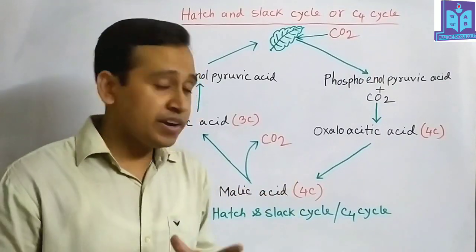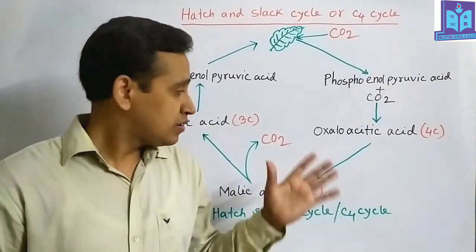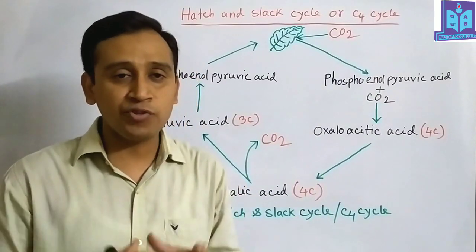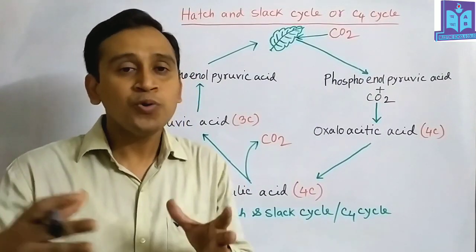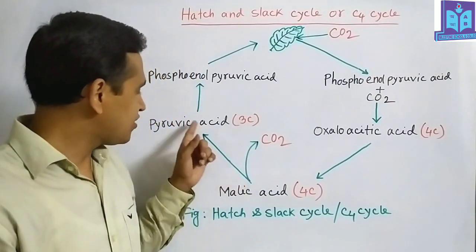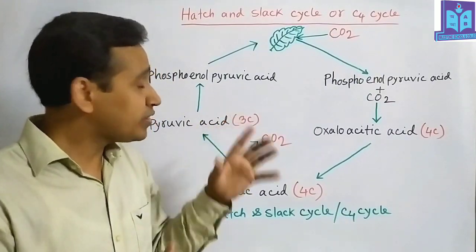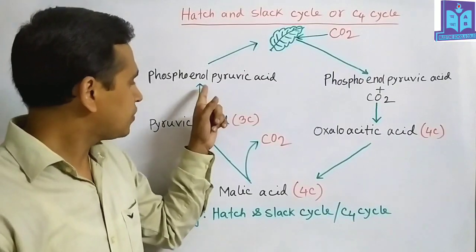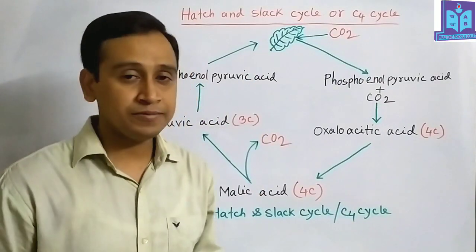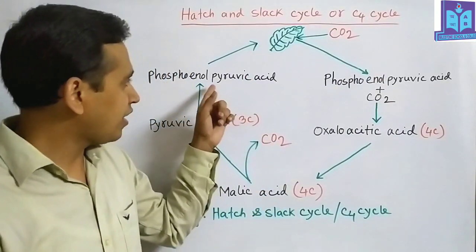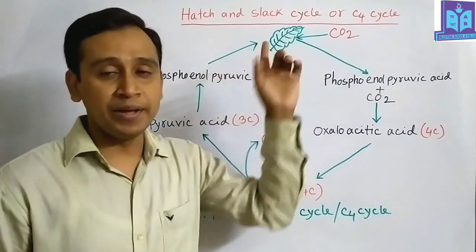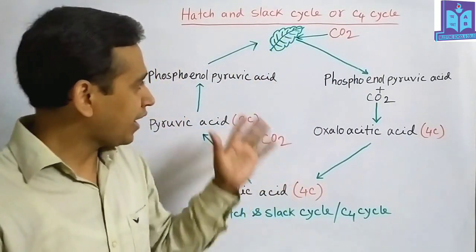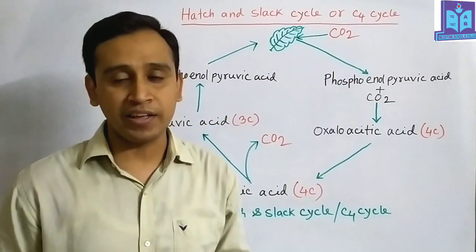You know, in C4 plants, the C3 cycle and C4 cycle are carried out together, and this pyruvic acid, with the help of an enzyme, is converted into phosphoenolpyruvic acid and restored into leaves and again performs the C4 cycle.